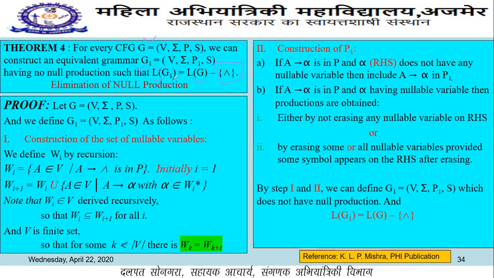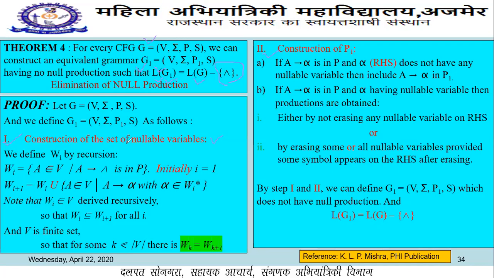So here we discuss how we construct this simplified grammar G1. There are two steps. In step first we construct the set of nullable variables, and in step second we construct the corresponding set of productions. So we discuss step by step.